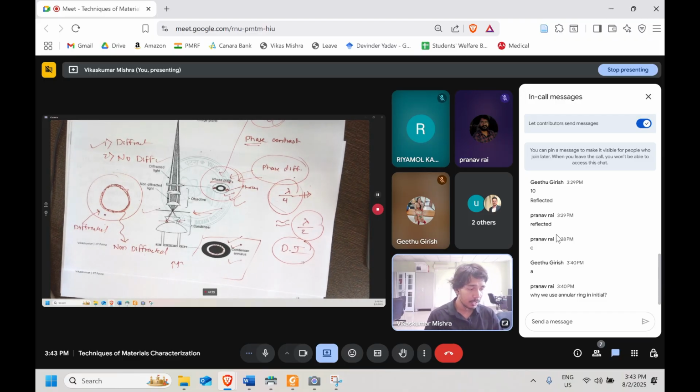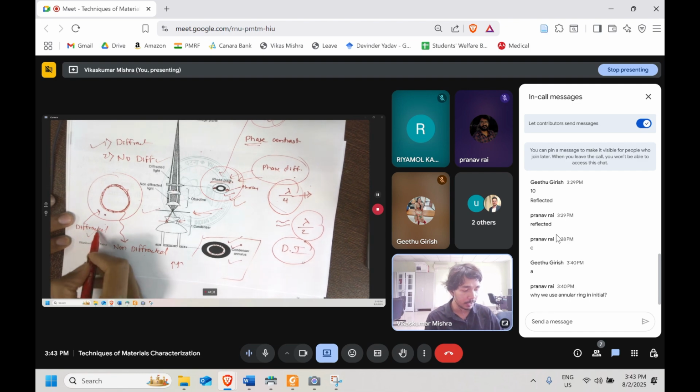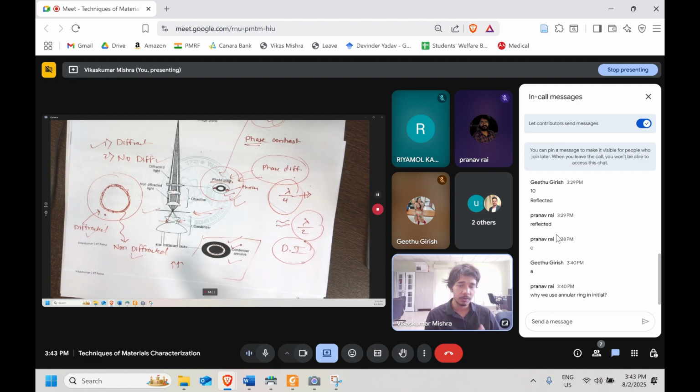So this is the reason. The way the optics has worked, the way we have designed these things, for that only the separation of the diffracted and the non-diffracted beam will occur, or else it will not occur. Is it clear?